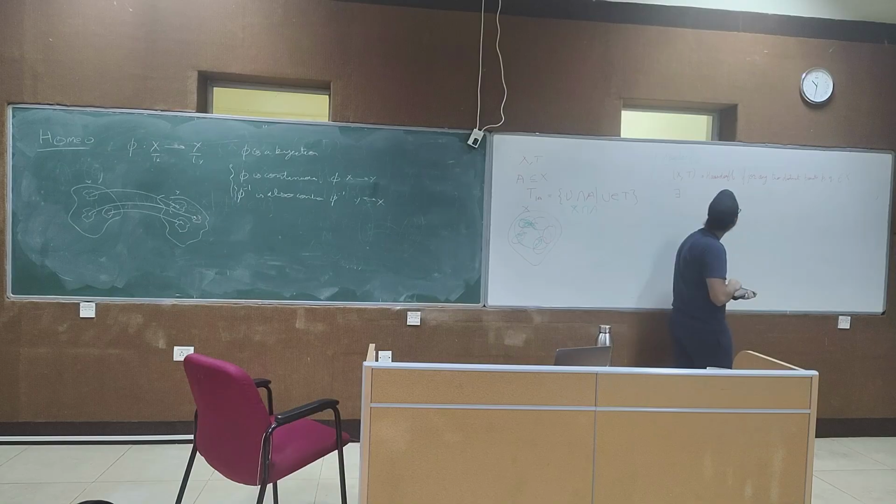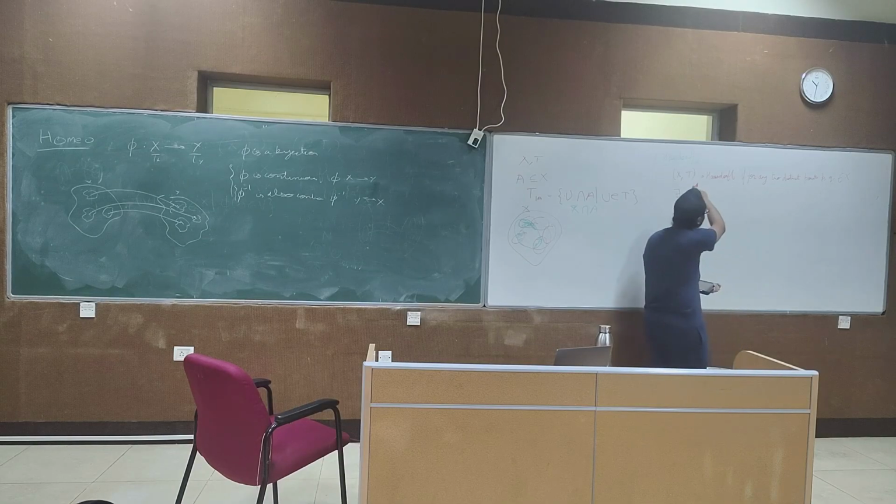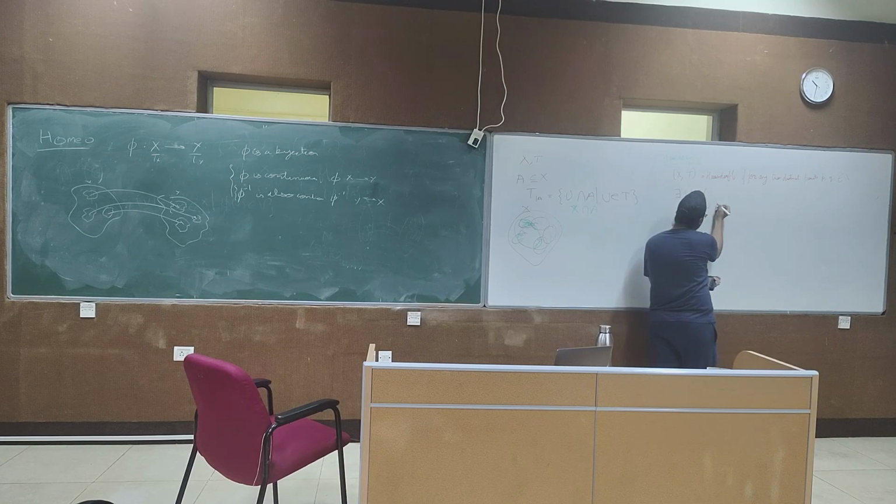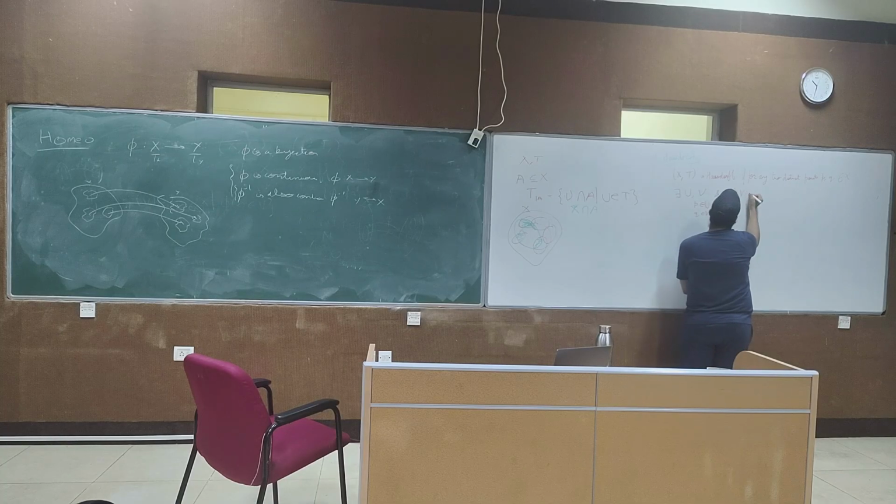So we have a set X with the topology and consider two points in the set X. The topological space is Hausdorff if there exist two open sets U, V such that U contains P, V contains Q, and U intersection V is empty.